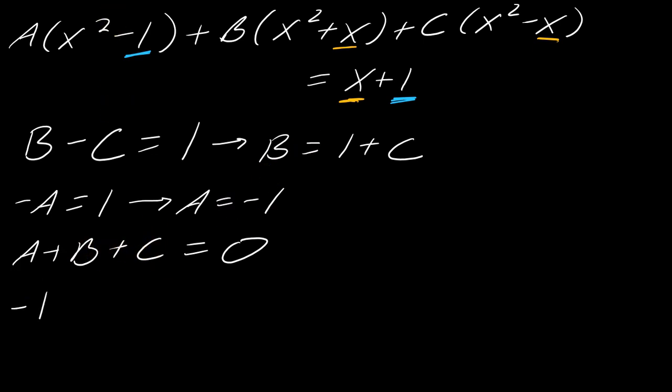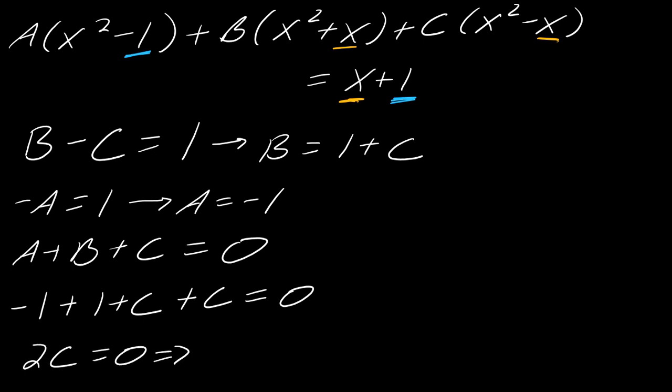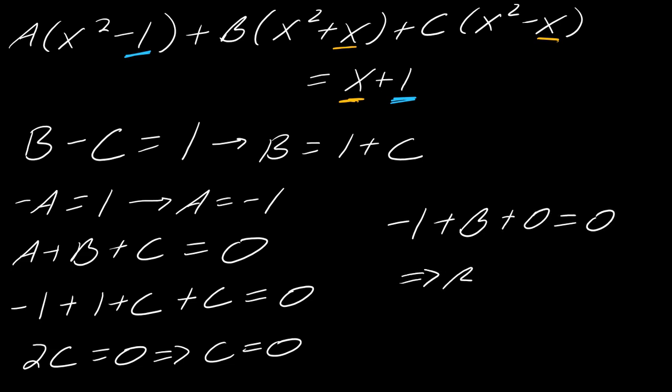My a will be negative 1, my b will be 1 plus c, and then we'll just have plus c equals 0. So this gives me that 2c equals 0, so that must mean then that c equals 0. So now I'm going to use this c equals 0 and this a equals negative 1 in this equation. So then I'm going to get negative 1 plus b plus 0 equals 0. So that means that b must equal 1.